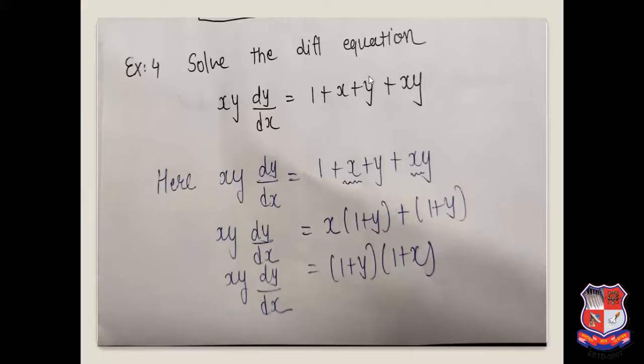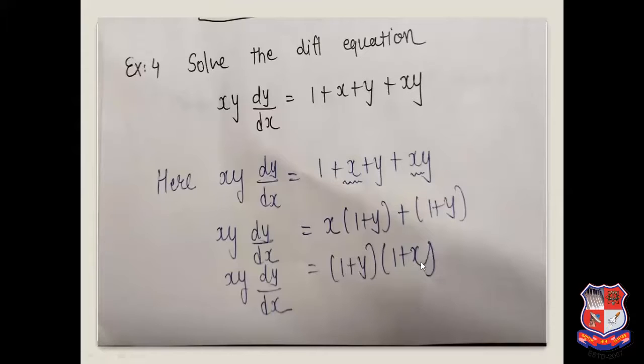So first, see the right hand side, we can adjust the terms. See the second term and fourth term, in both terms we can take x common. So we get x into (1 plus y), and from the first and third terms we can write plus (1 plus y). So xy dy by dx equals (1 plus y) into (1 plus x).